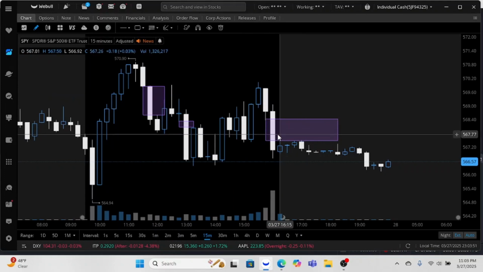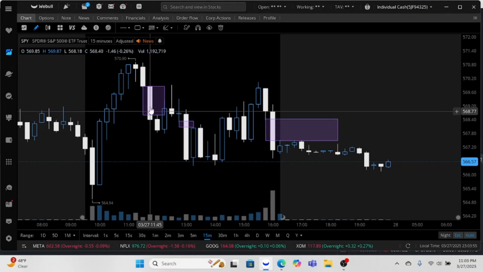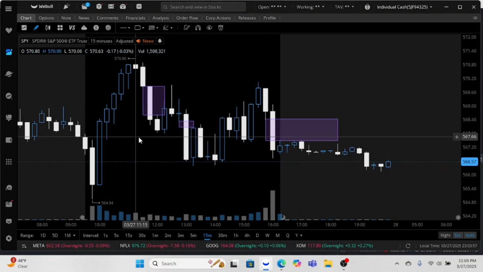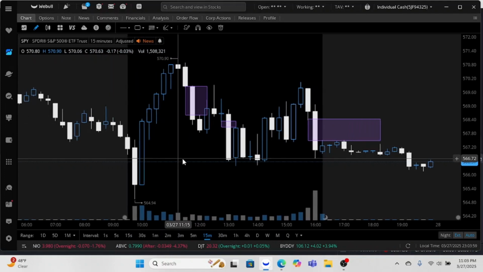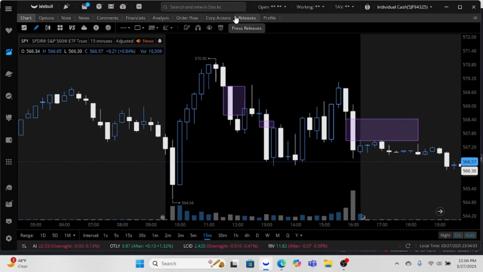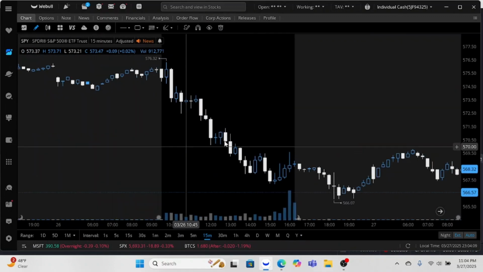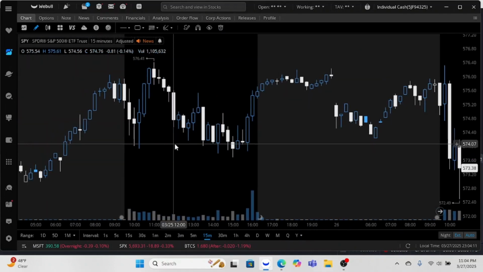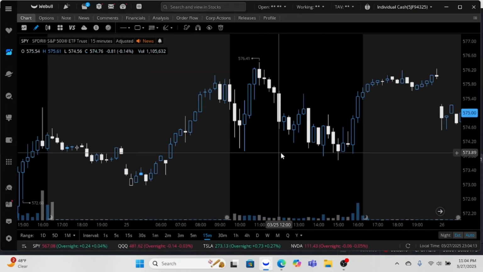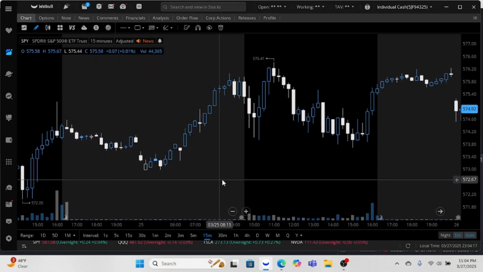Gap in price. The low does not touch the high, forms a gap. The low does not touch the high, forms a gap. Now, let me go off to a random day. Alright, now I want you to find three fair value gaps.